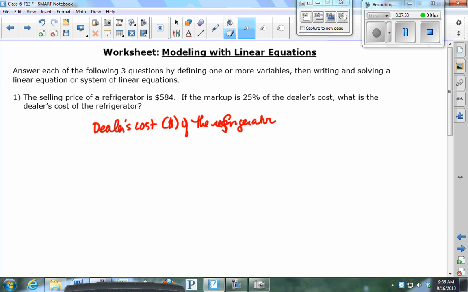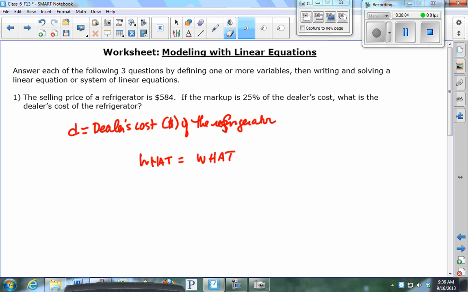I assign a variable to it. I saw a lot of you put D, so I'm going to use D just to have a little variety. Okay, I've established my unknown that I'm trying to find. I've defined it as a numerical quantity with a unit. I've done those first 3.